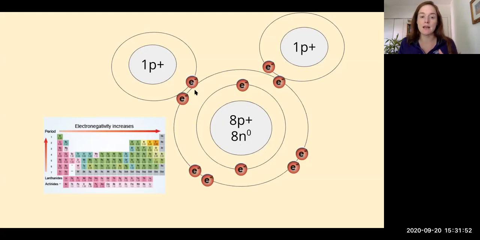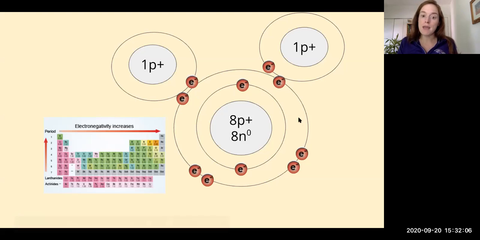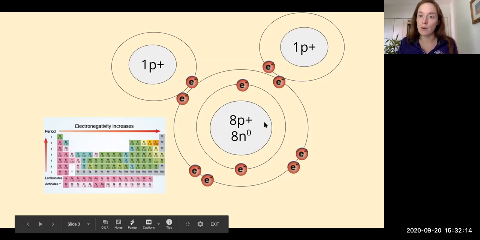And so we represent it in this way to help us see that the electrons are spending more time around the oxygen atom. And because electrons have a negative charge, they're making that part of the water molecule, of the H2O, have a slightly more negative charge.